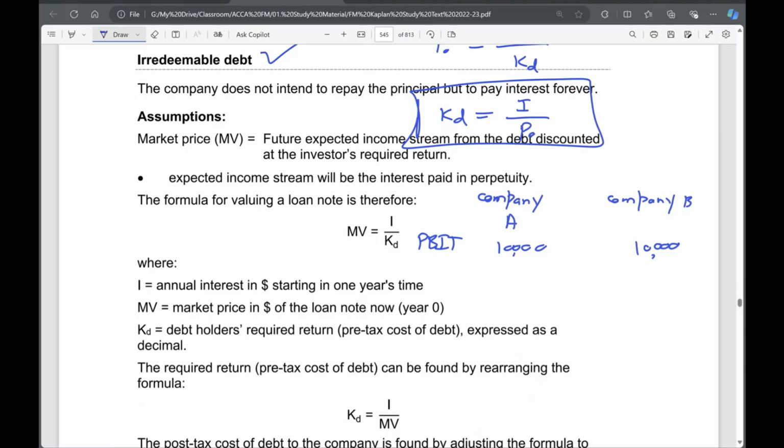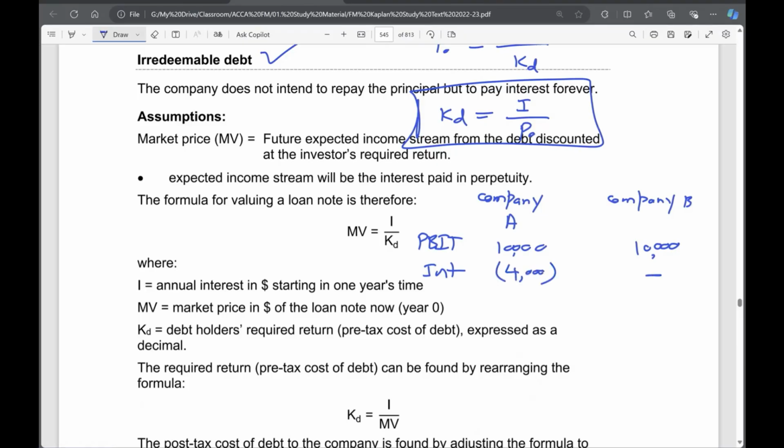Company A is mainly financed through debt, so they pay interest on it. Interest is a tax allowable expense. Let's say they pay 4,000 of interest.